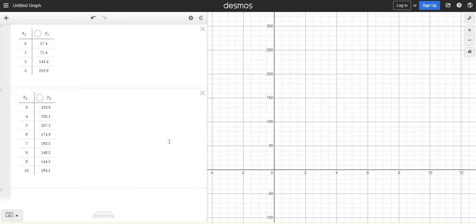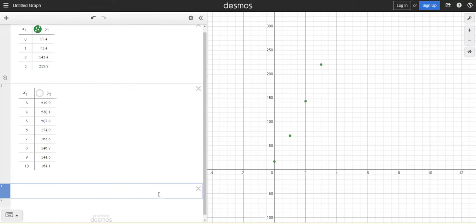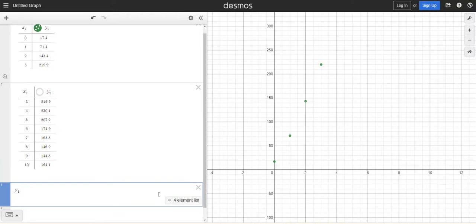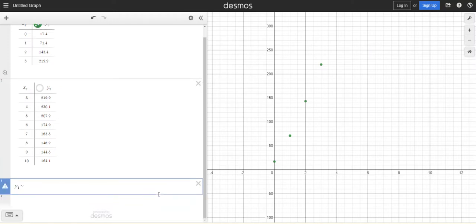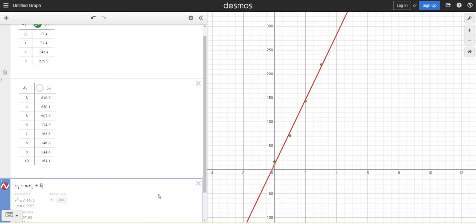Let's see what we get. First of all, I'm going to turn on my linear data so you can see it. And even when I graph it here, it definitely looks reasonably linear. So we want our model to be y1 tilde mx1 plus b. Right?